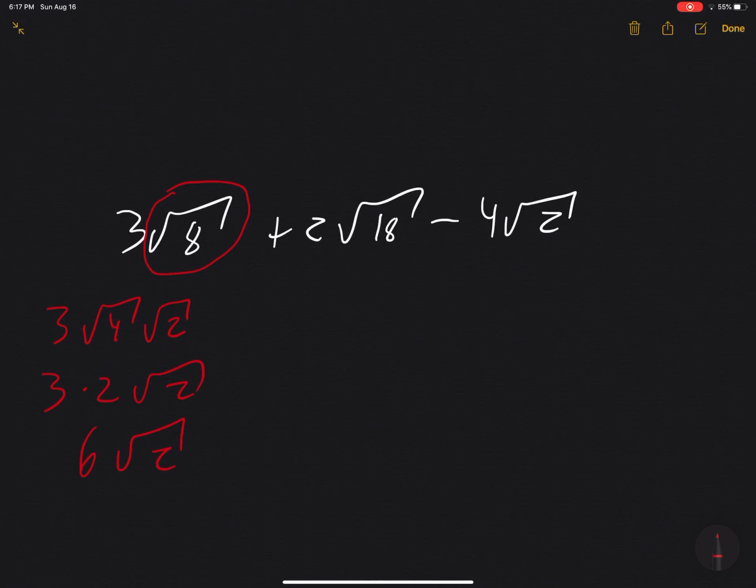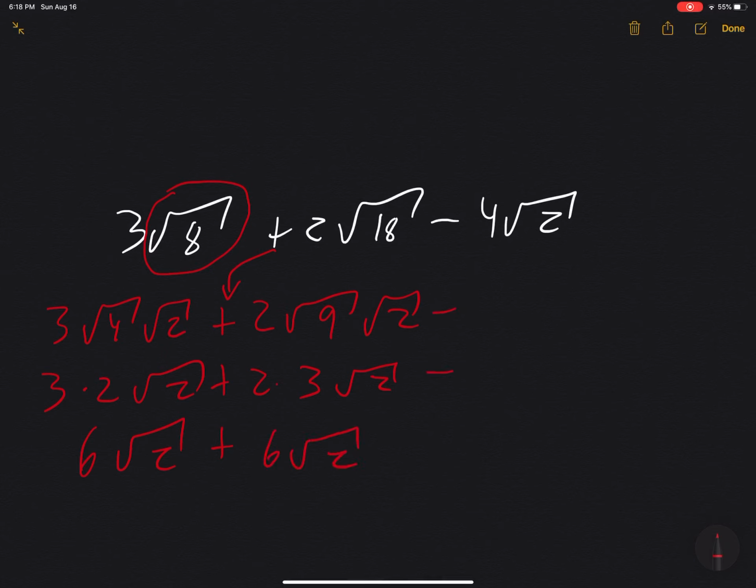And then our next term, 2 root 18, is really equal to 2 root 9 root 2, which is the same as 2 times 3 root 2, which is the same thing as 6 root 2.